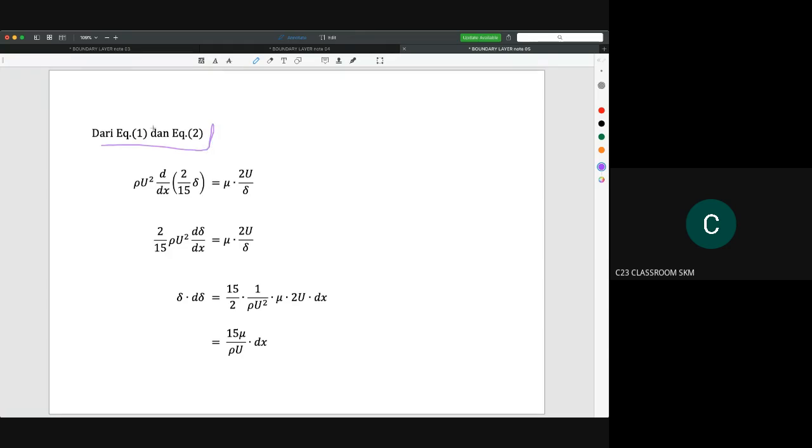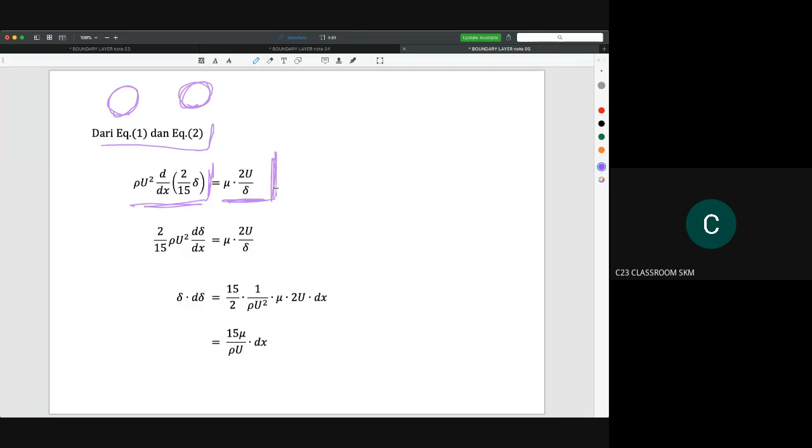So we equalize the von Karman with the Newton law. This is the von Karman: rho u square d dx 2 over 15 delta, and this is Newton's law: mu 2u over delta.